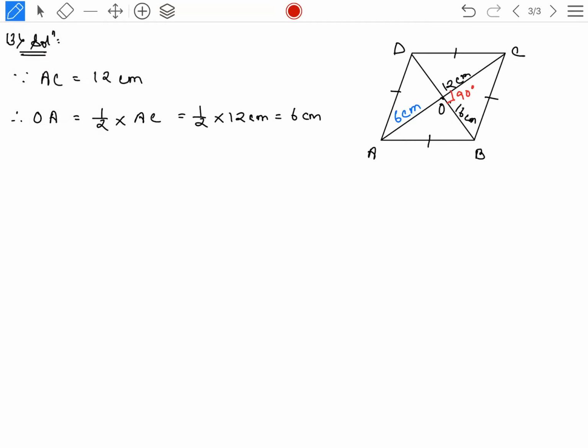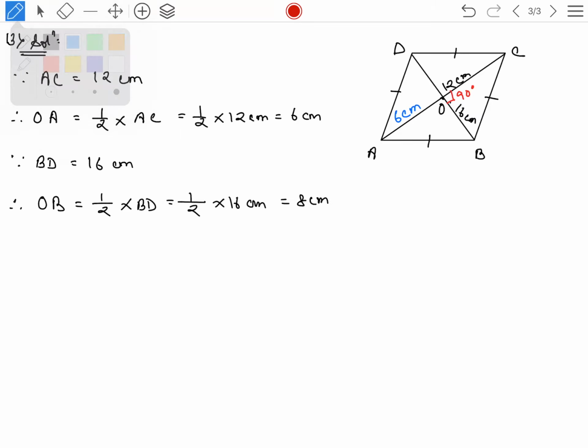Then since BD equals 16 centimeter, let us find OB. OB equals half into BD, that is half into 16 centimeter, that is 8 centimeter. Now this angle is 90 degrees.